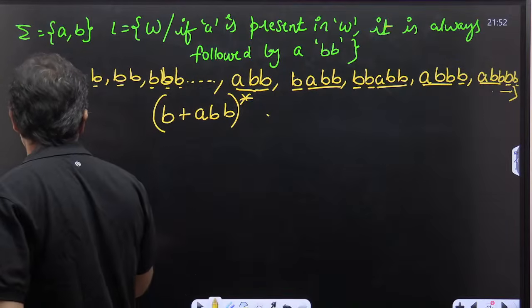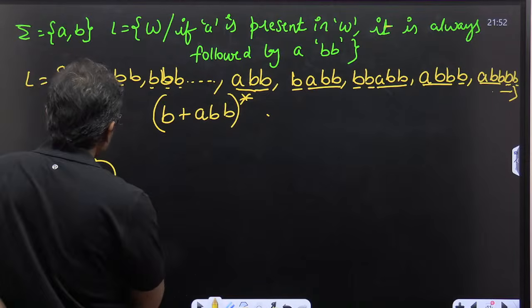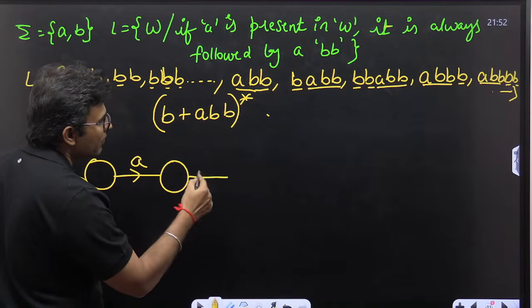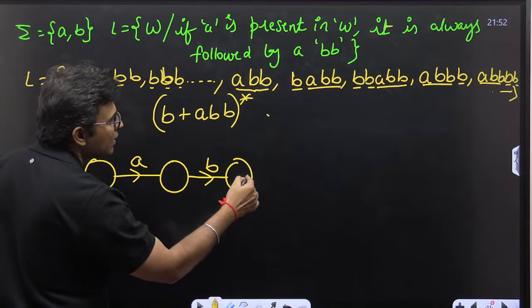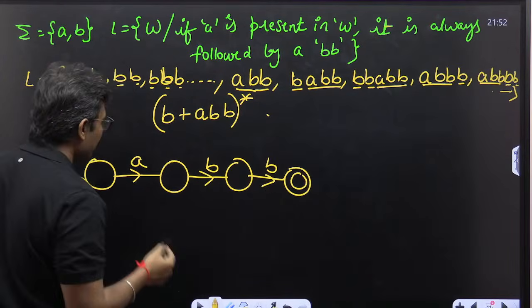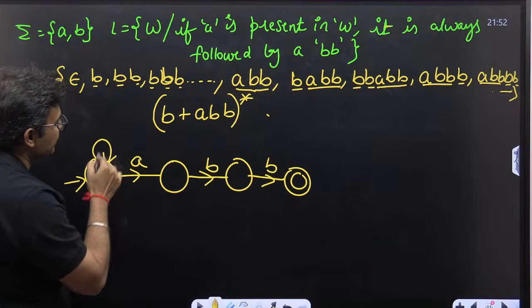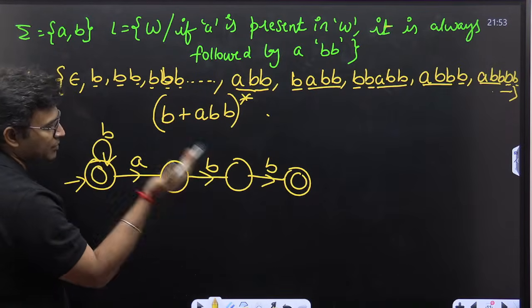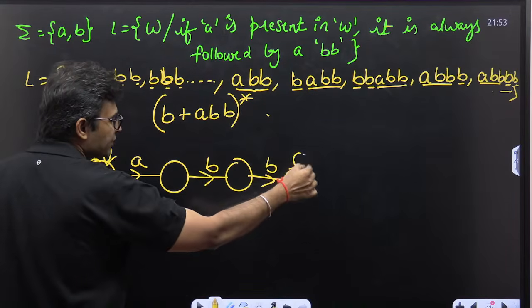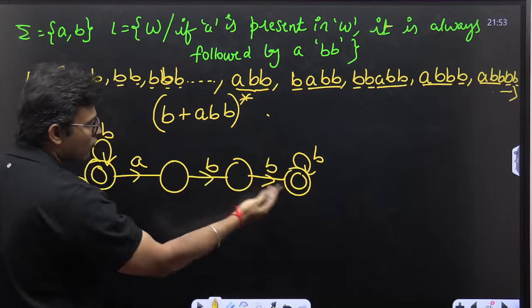See, one thing is A has to always be followed by 2 B's, right? Only then am I going to accept it. Otherwise, if there are no A's and only B's, I am going to accept it. Any number of B's may come, it is still A followed by 2 B's.